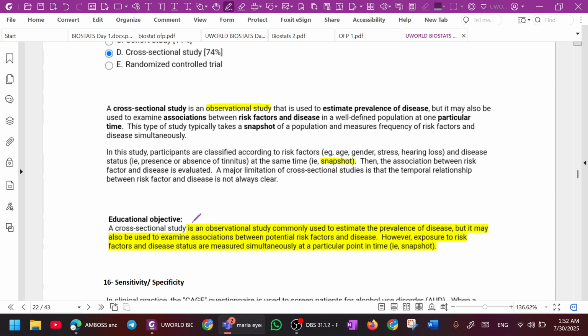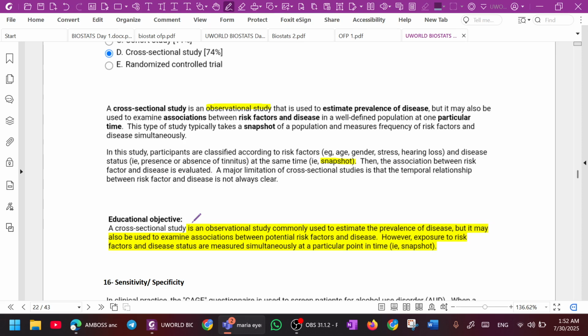Participants are classified according to the risk factor, age, gender, stress, hearing loss, and the disease status, the presence or absence of tinnitus, at the same time.